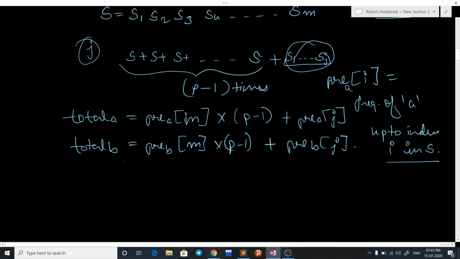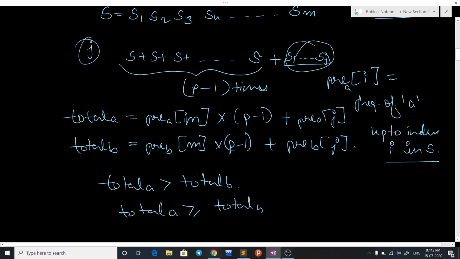Now we have to find the first occurrence at which this index becomes valid. So for that we can do total A greater than total B. Now we can also say that total A becomes greater than or equal to total B plus 1, right?